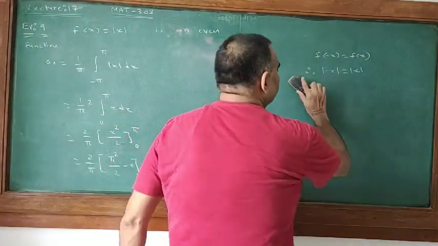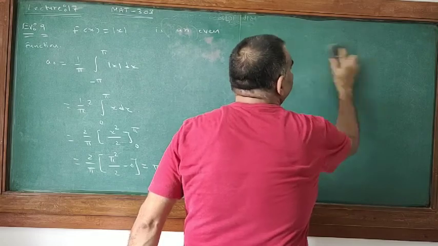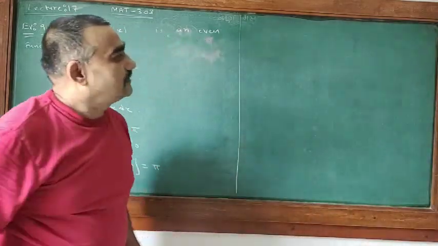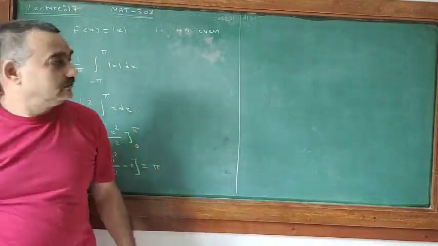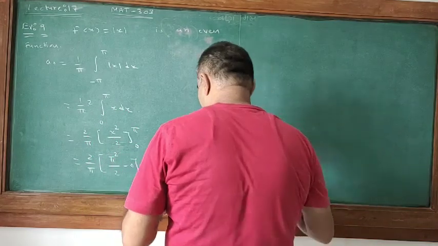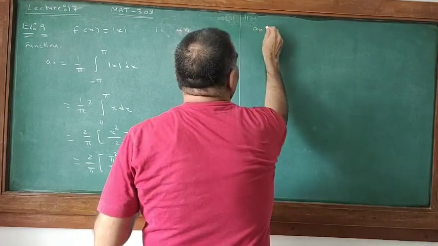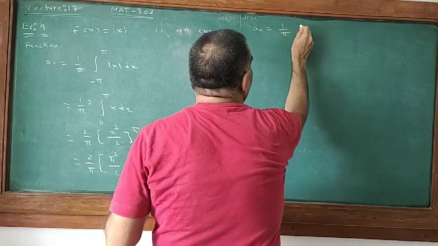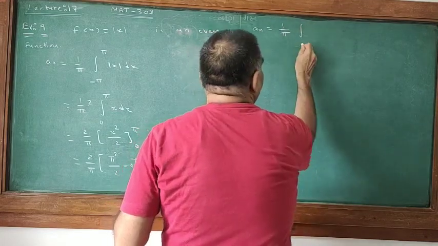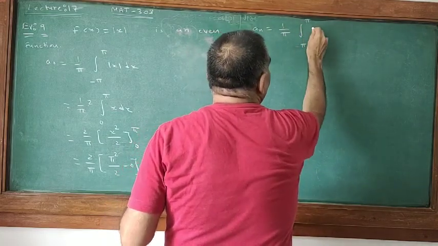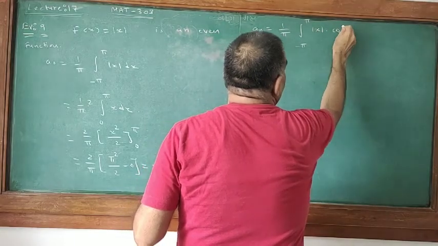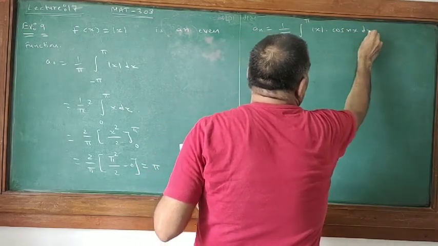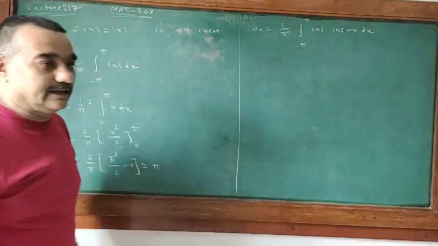For further calculation, an equal to 1 upon pi, integral from minus pi to plus pi of mod x cos nx dx.